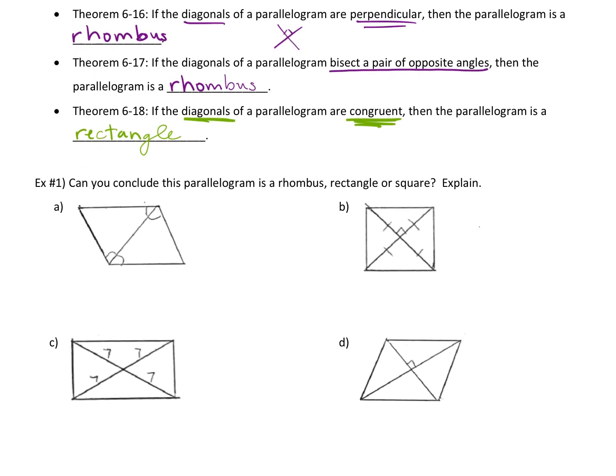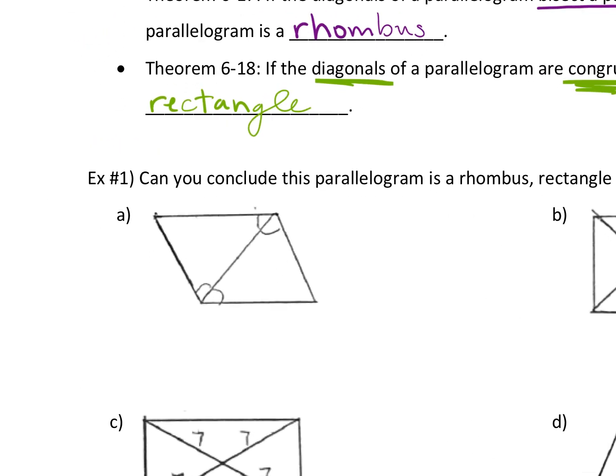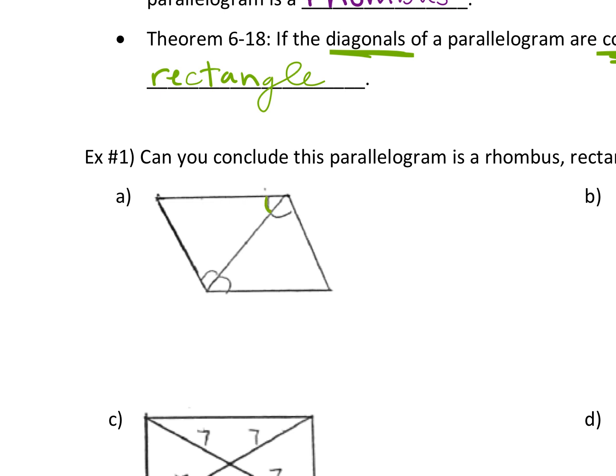So look at these pictures. They give you information and they say, can you conclude it is a rhombus, a rectangle, or a square based on what you see? And then tell me why. So look at that letter A. They tell us with one diagonal that these 4 angles are congruent. Why?